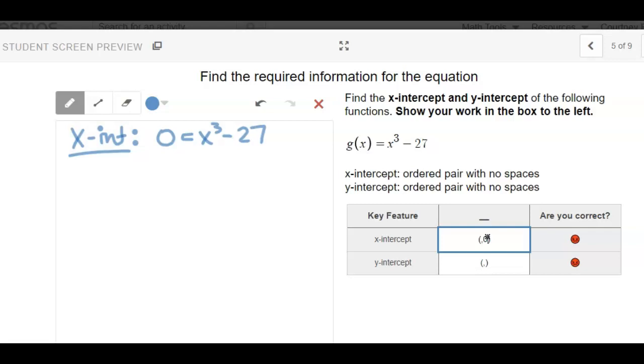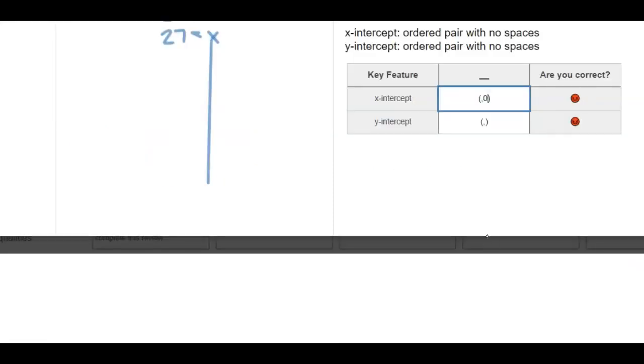I want to isolate the variable, so I'm going to do inverse operations to move the constant. So 27 equals x. Ooh, no, what is that? That's not what I want. Let's see.